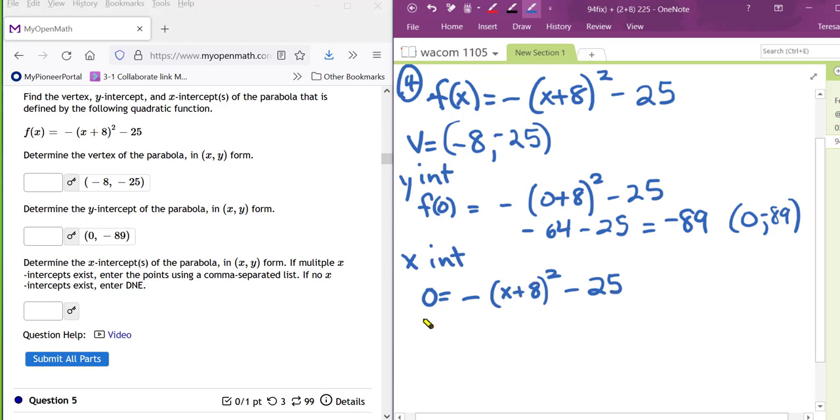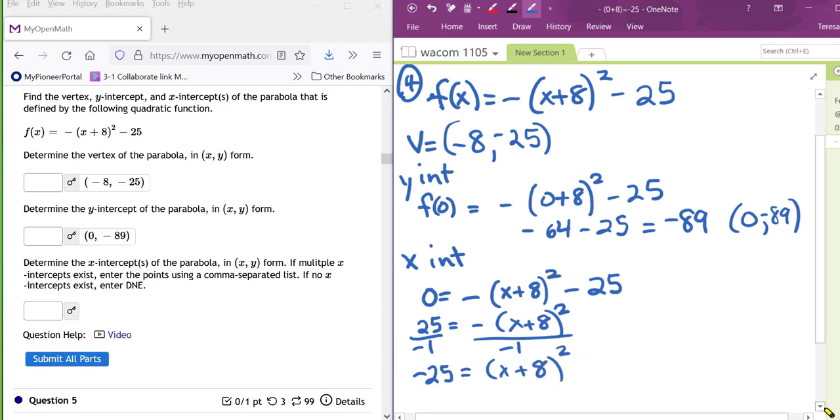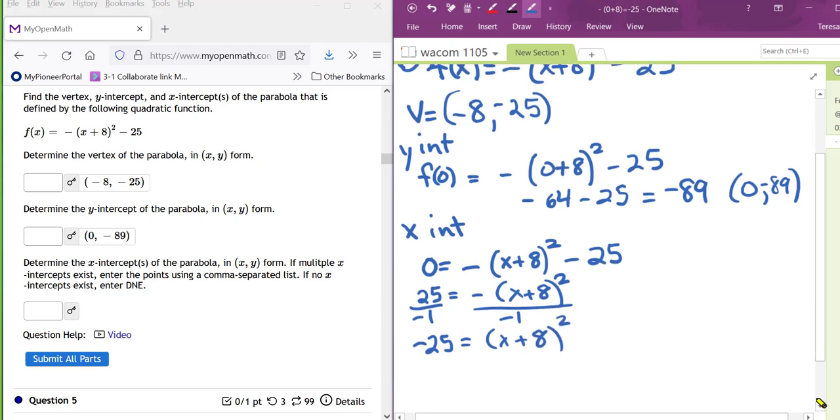So add your 25 to both sides. Right. You have to get this negative off. It's a -1 multiplied, so divide by -1. So -25 equals (x + 8) squared. Right. Now we're going to take the square root of both sides, and you should have an idea here that this one is not going to give us answers.